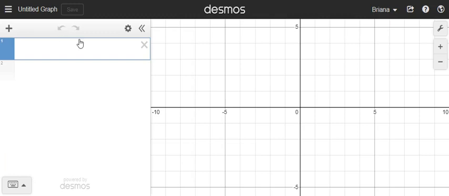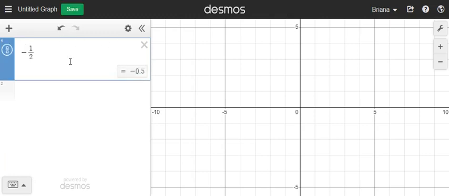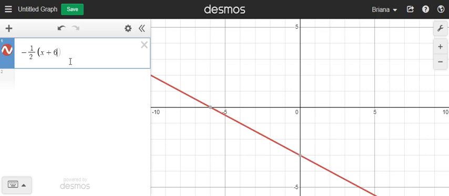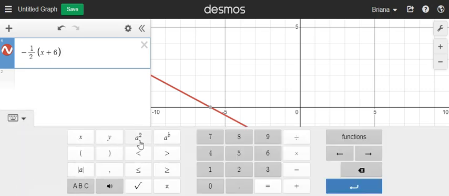If we go to Desmos and we go to graphing calculator, I'm just going to type in -1/2, parentheses, x plus 6, and I'm going to change that parentheses to face the other way. I'm going to make it squared. Not twice. Plus 2. There we go.